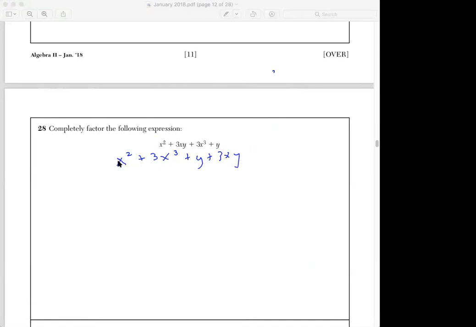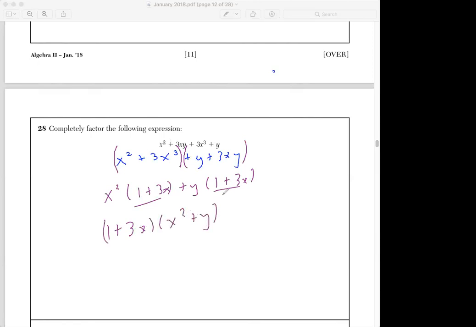We're allowed to change the order of these any way that we want. Here's the binomial factor, 1 plus 3x.